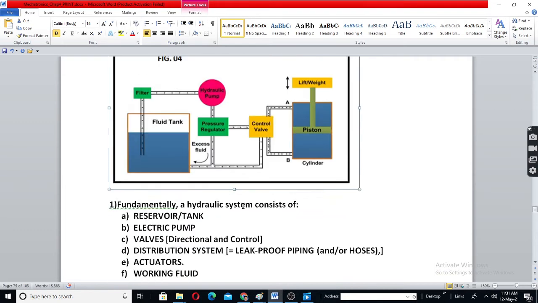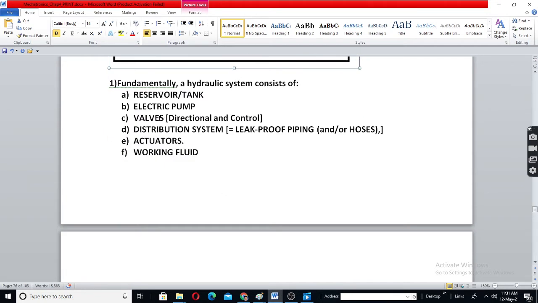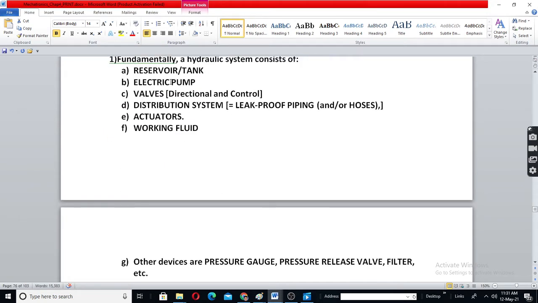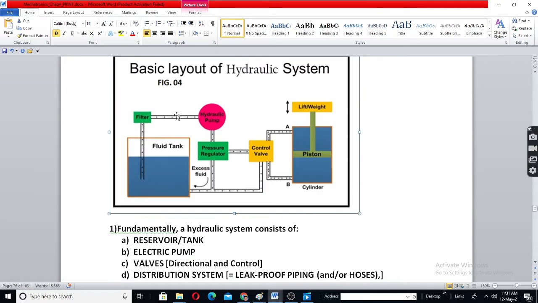So main components are these: tank, pump, filter, regulator, control valve, piston, cylinder, and pipes. This is the load which is to be moved. So we have here tank which is also called a reservoir.